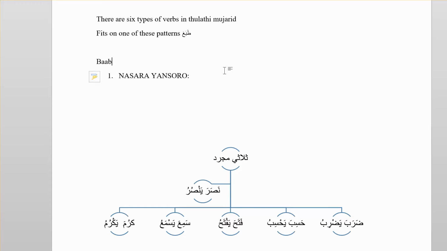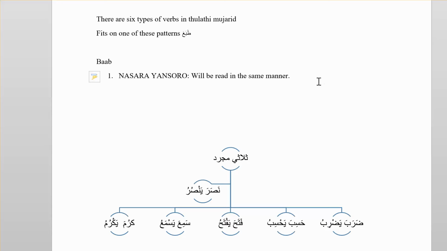What it means is, any word that's in this bab will be read in the same manner. Okay? That's what that means. Any verb that goes under bab nasara yansuru, an example is tabakha yatbukhu.